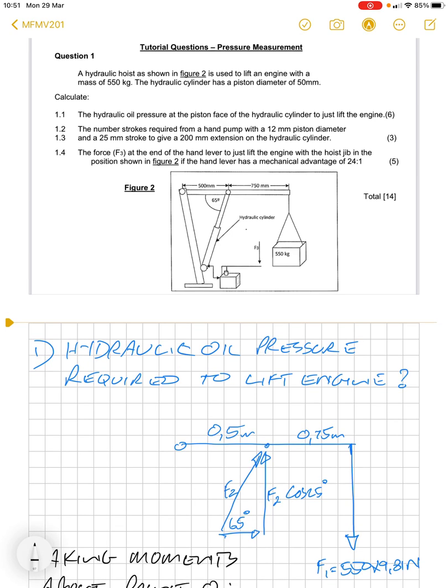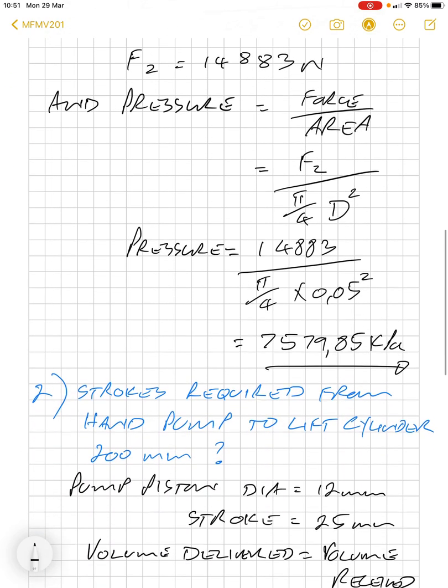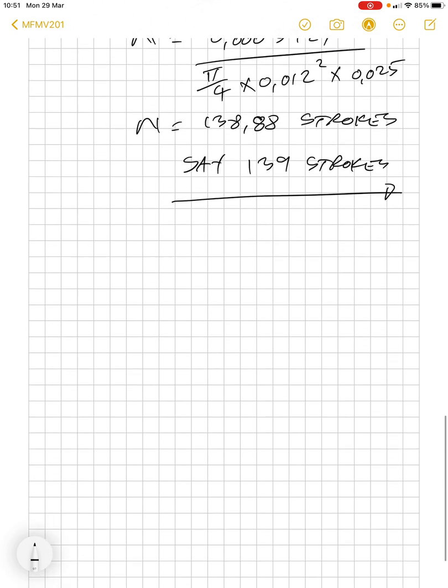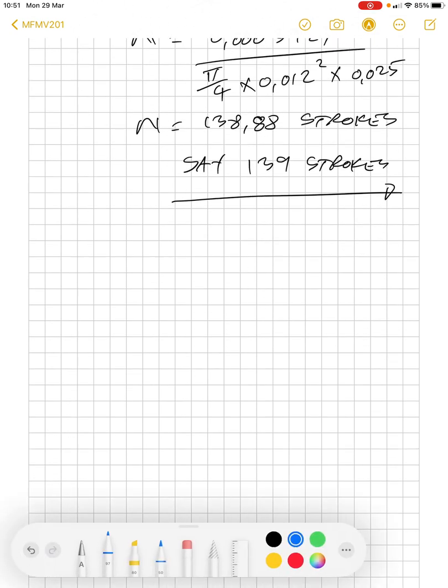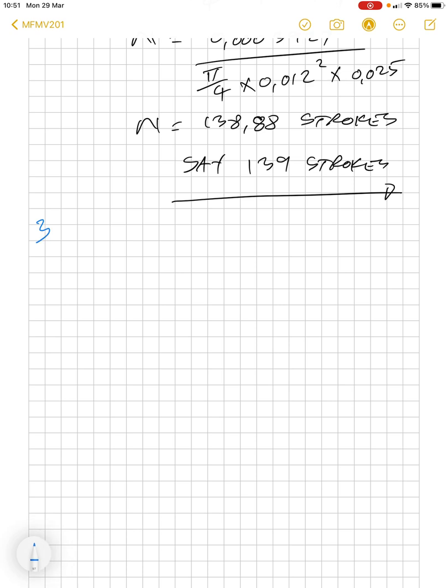And then finally the force F3 at the end of the hand lever to just lift the engine with the hoist jib in the position shown in figure 2, if the hand lever has a mechanical advantage of 24:1. So this is actually the third part of the question.